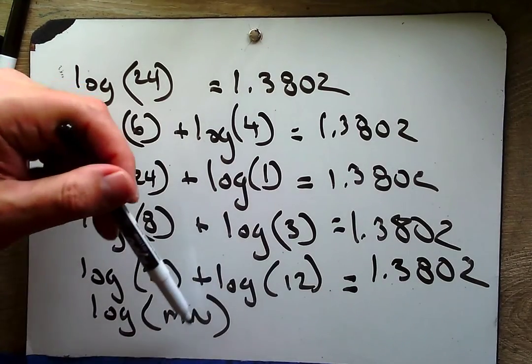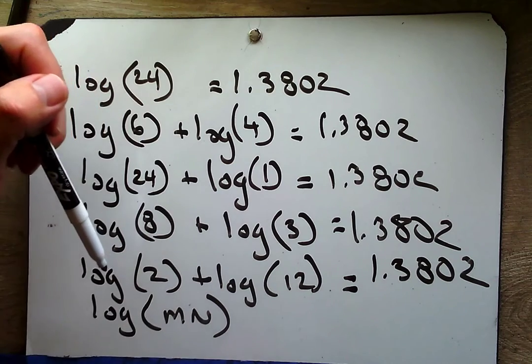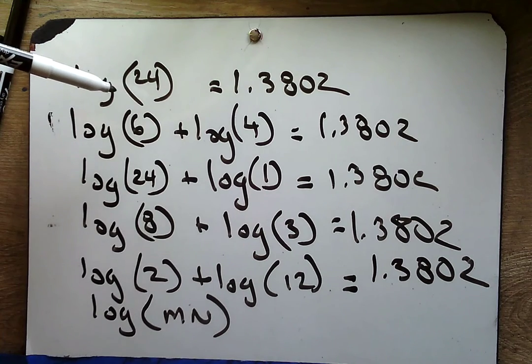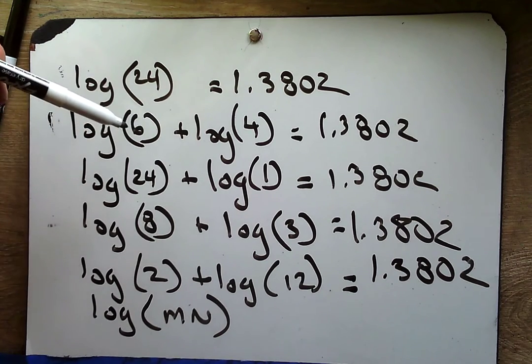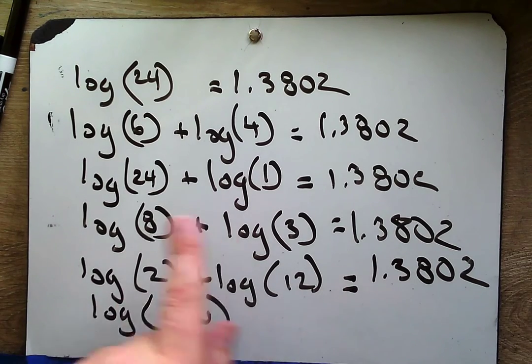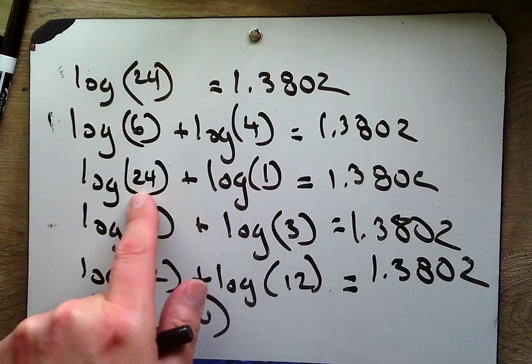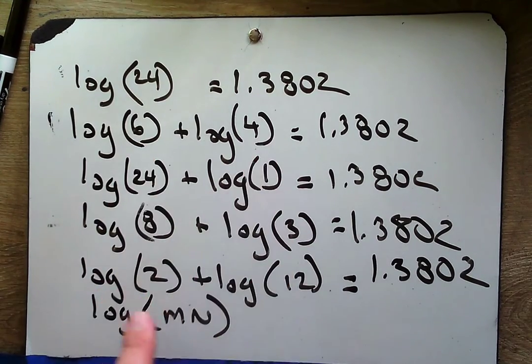So mn means I'm multiplying two things together. This 24 can be the product of 1 times 24, 2 times 12, 3 times 8, 4 times 6. And look, we have 8 and 3. We have 1 and 24. We have 6 and 4. We have 2 and 12.